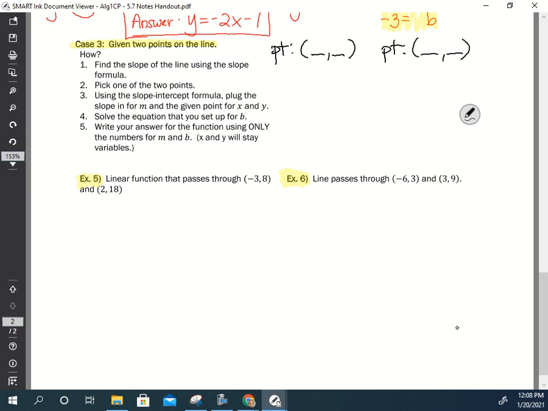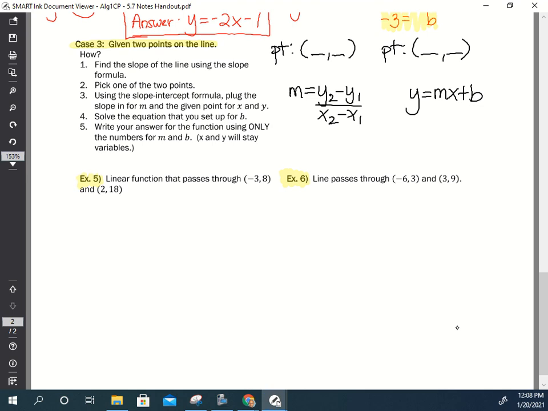So there are 2 formulas that you're going to be using for a problem like this. You're going to be using the slope formula, and you're going to be using y equals mx plus b. Again, it's not a harder problem, but it is a little bit more work.